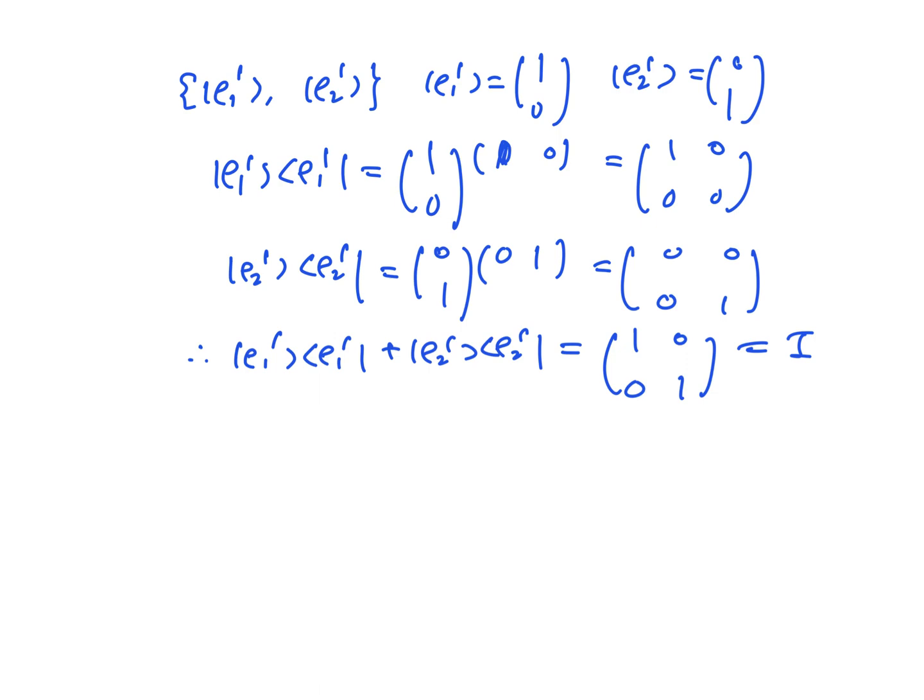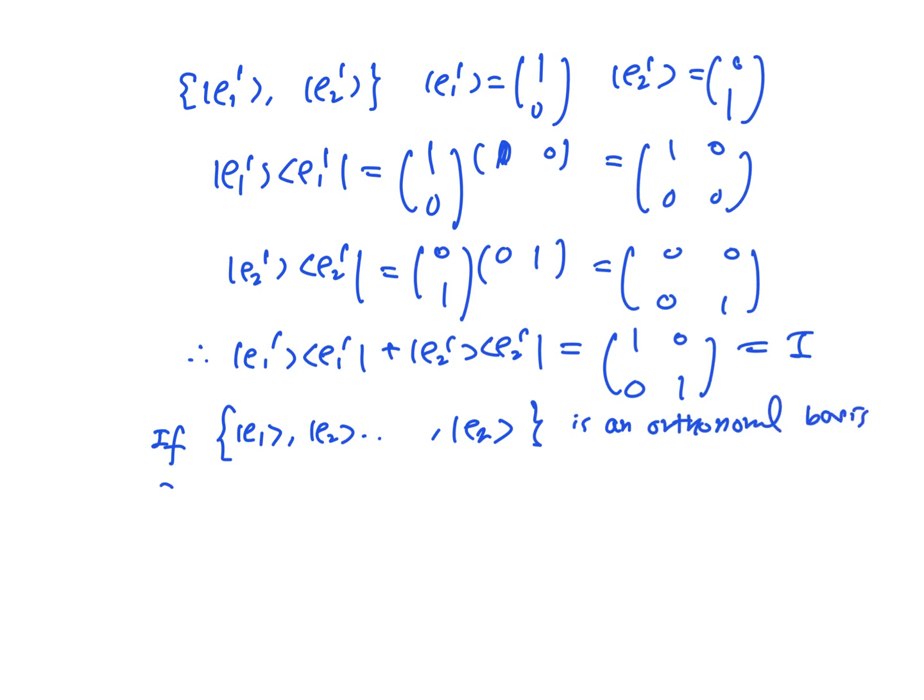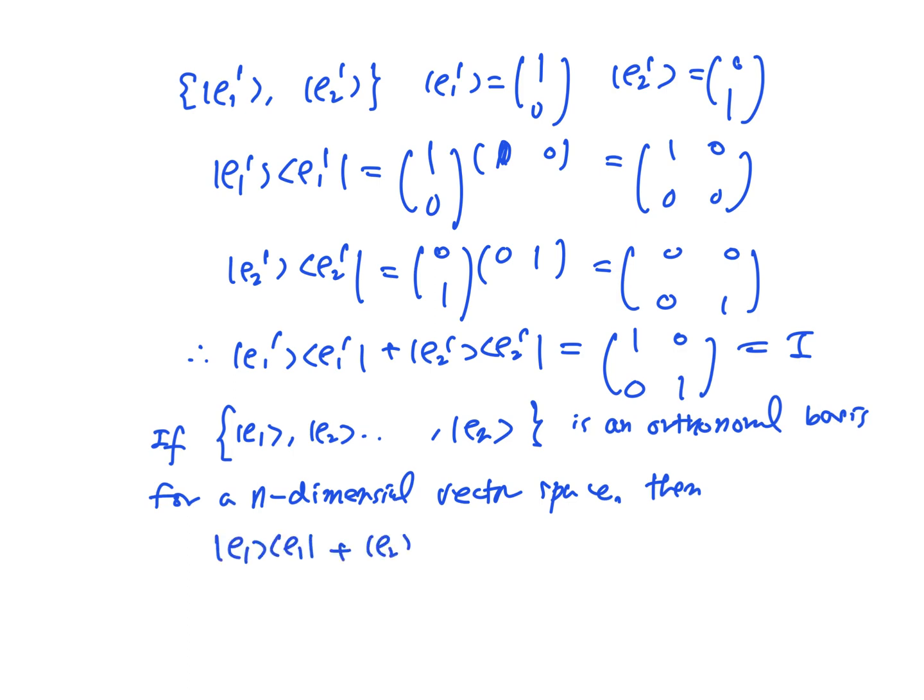So it's generally true. In an n-dimensional vector space, the sum of E1 E1, E2 E2, up to En En, in general for any n-dimensional space we have n terms, equals identity.